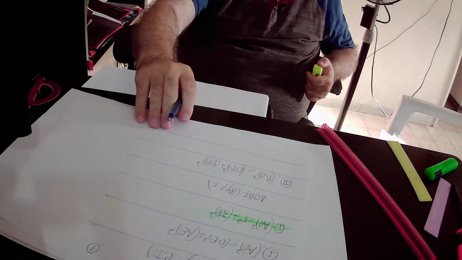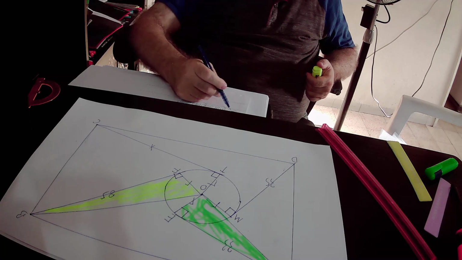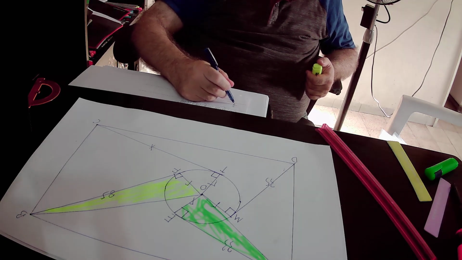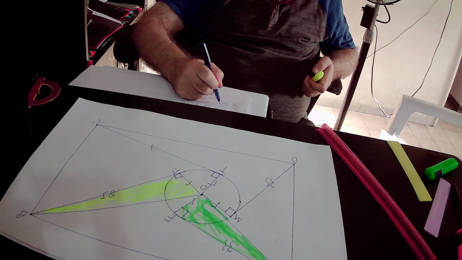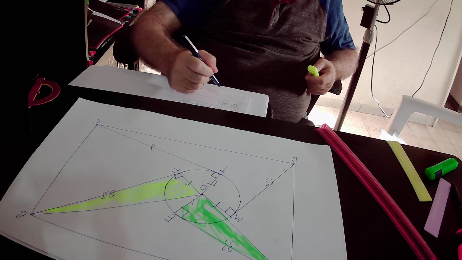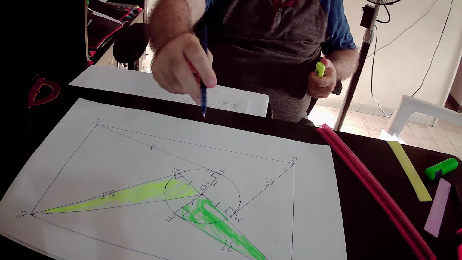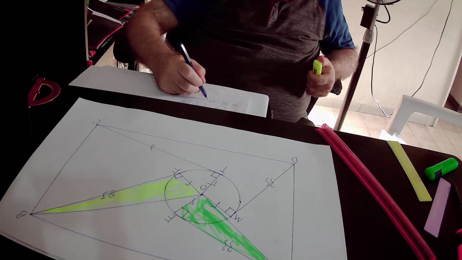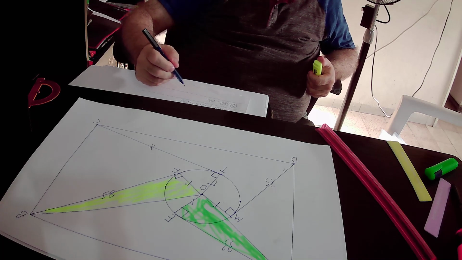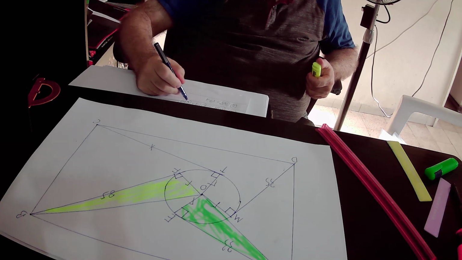So BO square equals OF square. OF equals R, therefore OF square is R square, plus FB square.